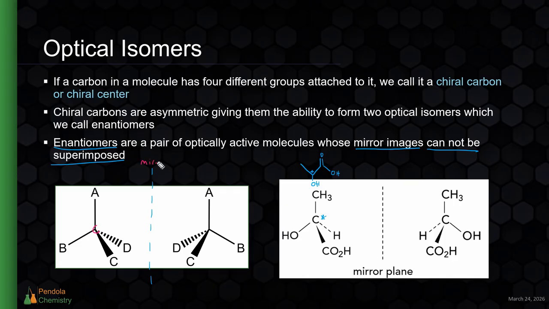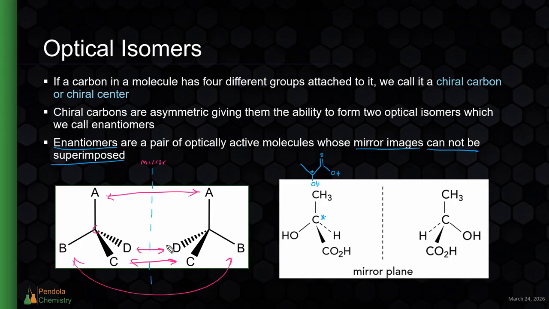That's what they call mirror images. Then what we see on the other side of the mirror is this. The D group reflects, the C group reflects with each other, the A group reflects, and the B group also reflects in the back. So this is a direct reflection of that compound.